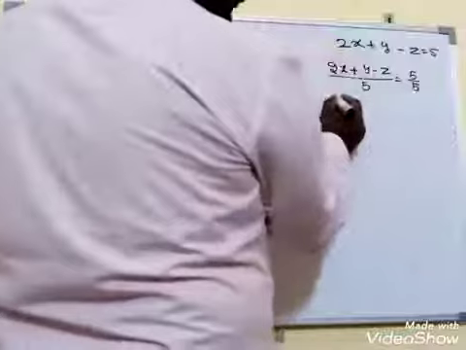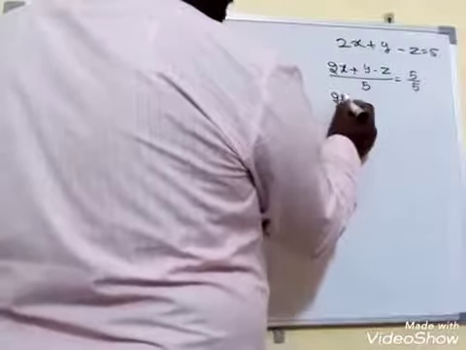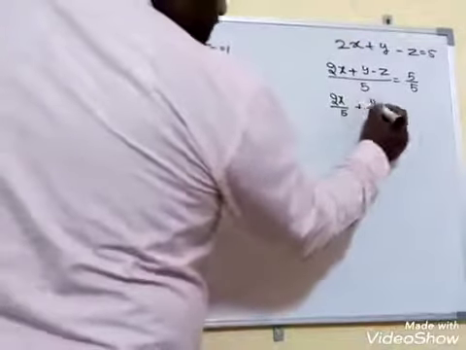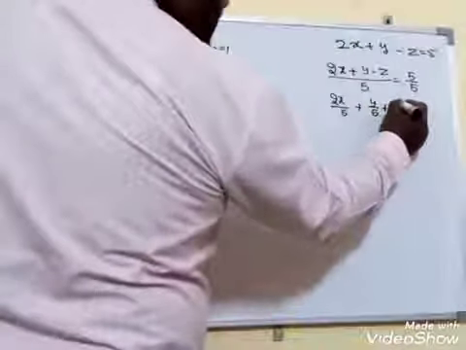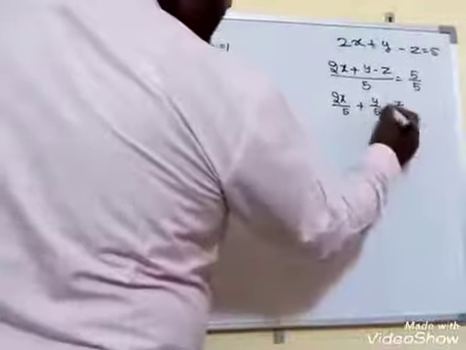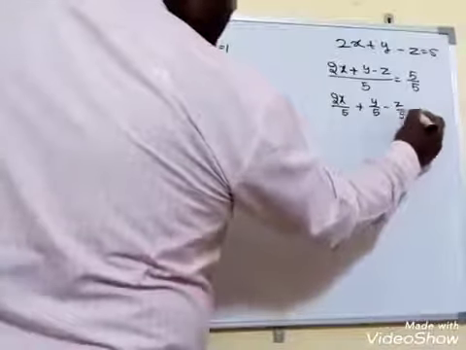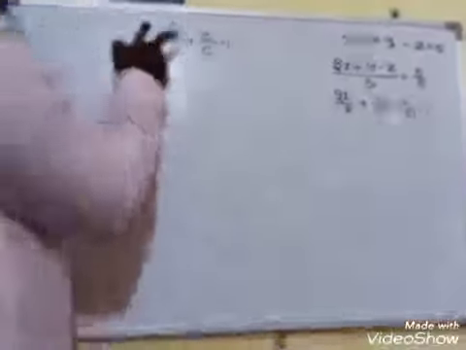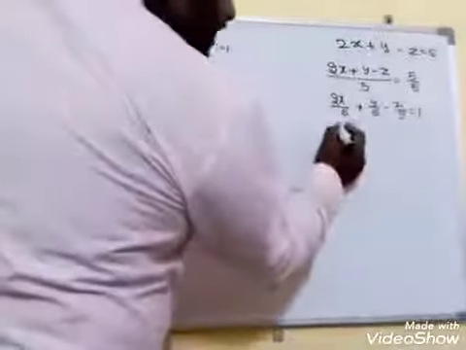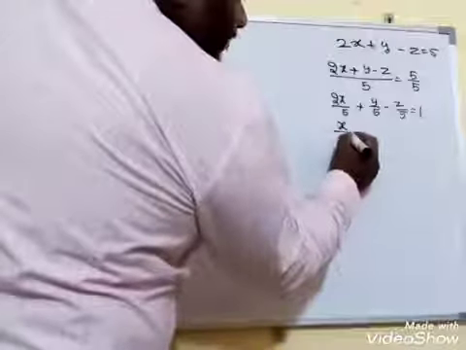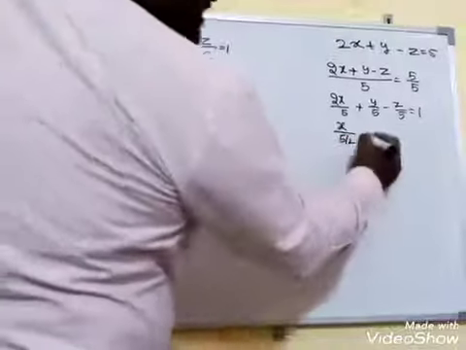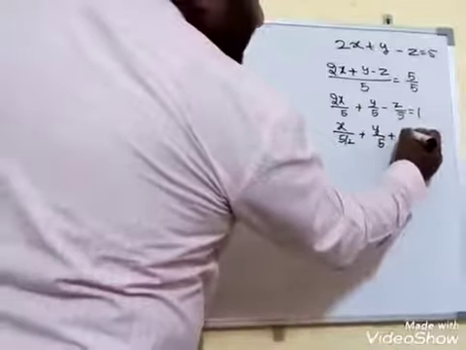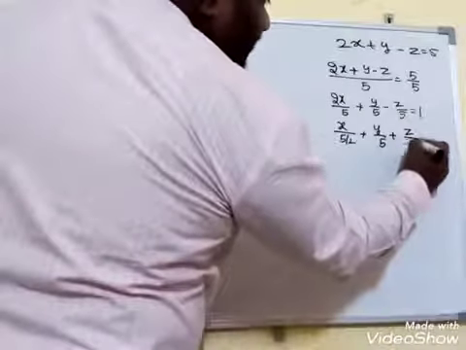Now, if you separate this, we get 2x by 5 plus y by 5 plus minus z by 5 is equal to 1, as the 5 gets cancelled. Now it should be in the form of x by a, y by b, z by c. Therefore, x by 5 by 2 plus y by 5 plus z by minus 5 is equal to 1.